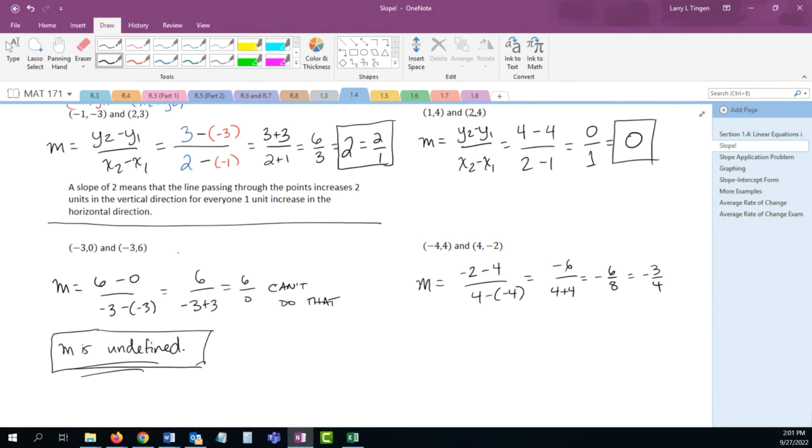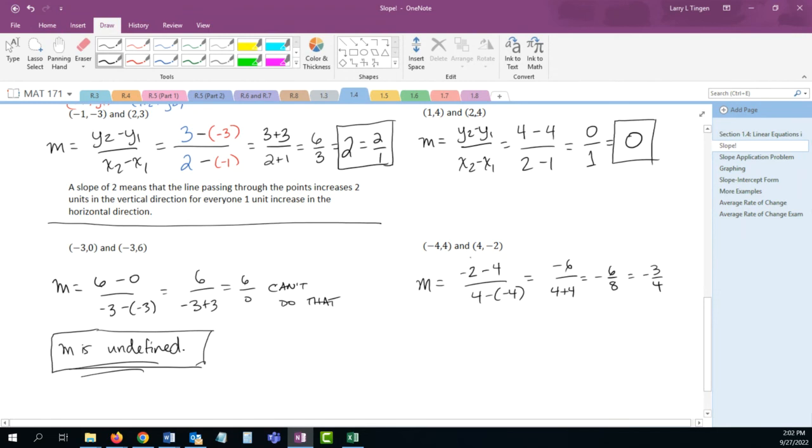Slope is trying to tell you how many places do I move up or down per left or right move. This is a vertical line. It just keeps going up. It never moves left or right. So that is why this is undefined. A slope of 0 and a slope that is undefined are not the same thing. They're different things. So keep that in mind.